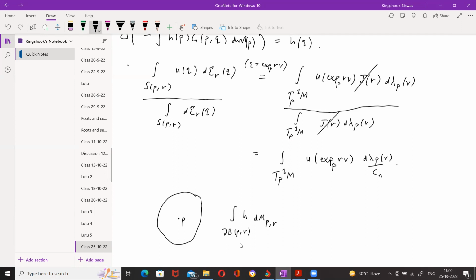This gives h of p for all h harmonic on the closed ball.